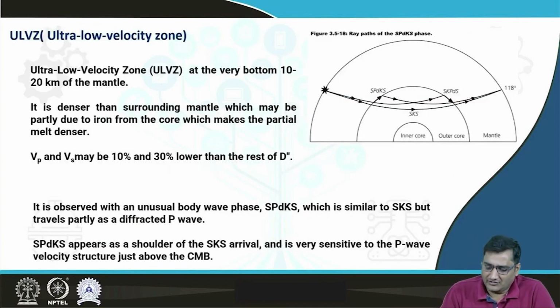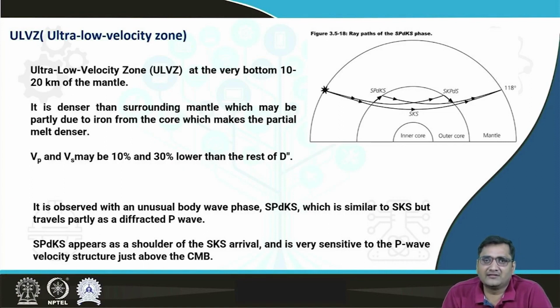There is another zone just below the D double prime layer, right at the core mantle boundary, extending for a thickness of 10 to 20 kilometers just above the core mantle boundary. That is known as the ultra low velocity zone, because the velocities are very low in comparison to the surrounding mantle at that location.